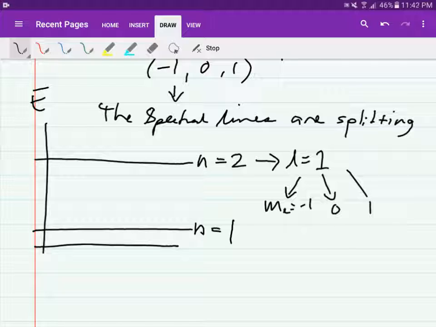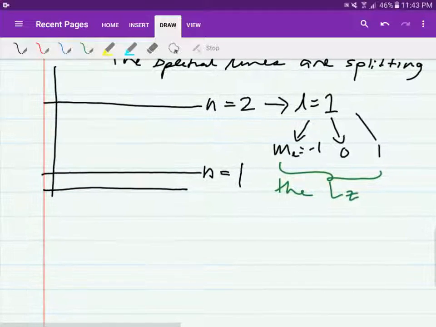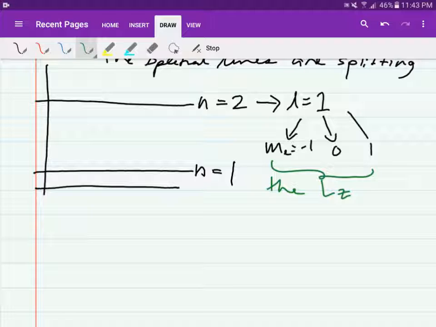This ml, if you recall, has something to do with the z component of the angular momentum. This z component of angular momentum provides a magnetic moment to the electron.